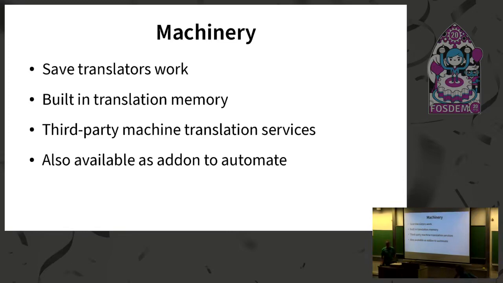But we want to also save the translator some work, and we have a thing called machinery. That's our interface to machine translation and translation memory services. In the last year we have introduced built-in translation memory, which still has quite some areas to improve, but we have something which is more or less working.